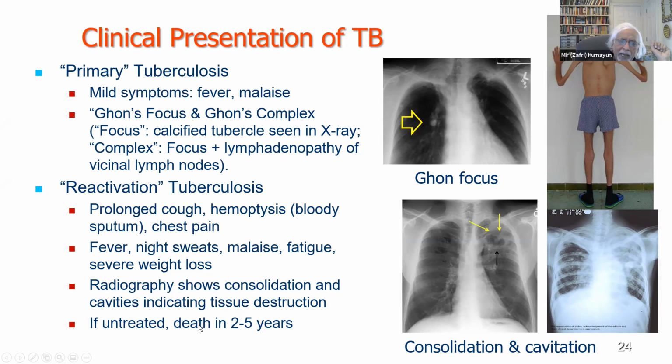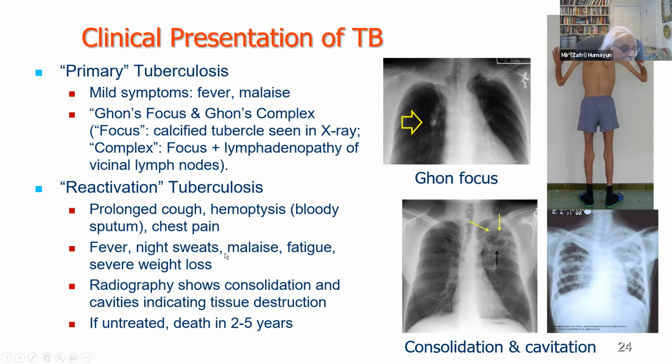Reactivation TB has actually very severe presentation, and this is characterized by prolonged cough and bloody sputum, hemoptysis, and chest pain. And they have high fevers, night sweats, malaise, extreme fatigue, and very severe weight loss.